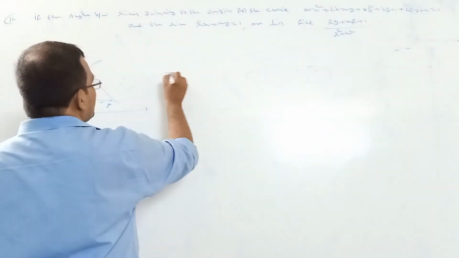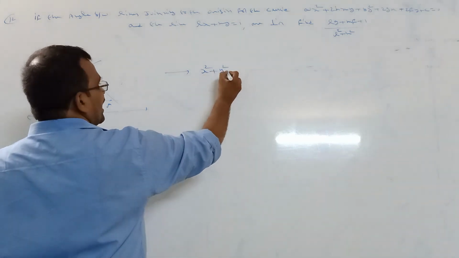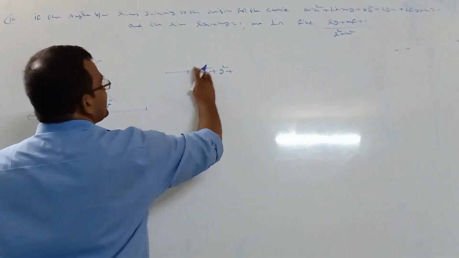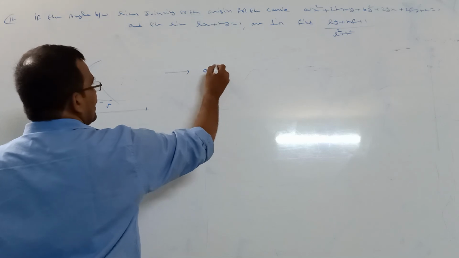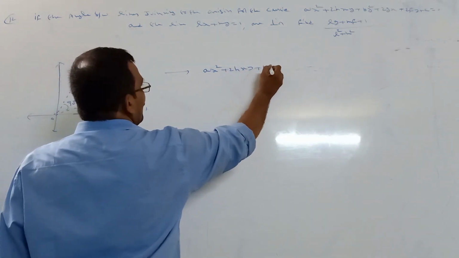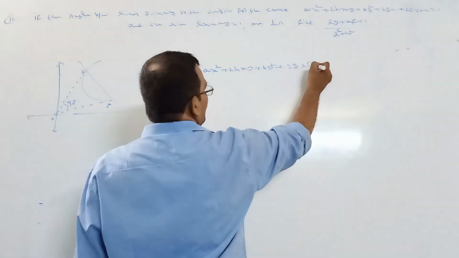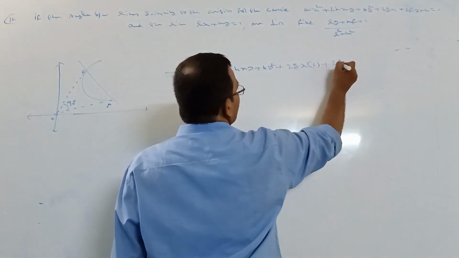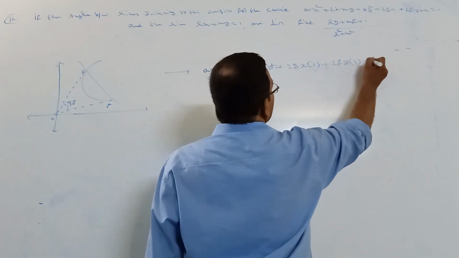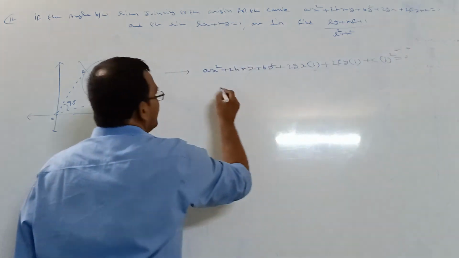This is also homogenization. Taking homogenization with the help of the line, ax square plus 2hxy plus by square is a second degree equation, then 2gx into 1, 2fy into 1, plus c into 1 square equal to 0.